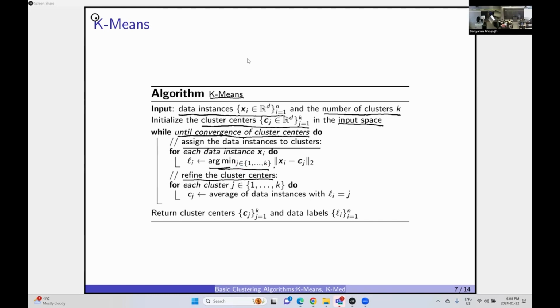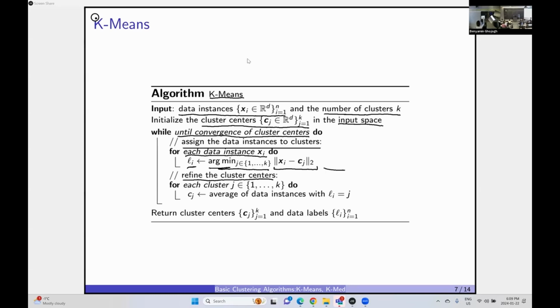What is this? This is Euclidean distance, L2 norm, between Xi, my data point, and Cj, my jth cluster center. As you see, I have a for loop over the data points, x1 to xn. It gives me Li, the label for Xi, and Li is a scalar, an integer from 1 to K, right?